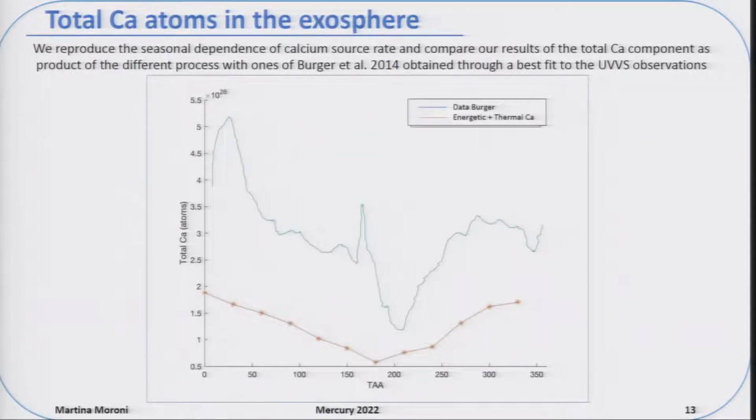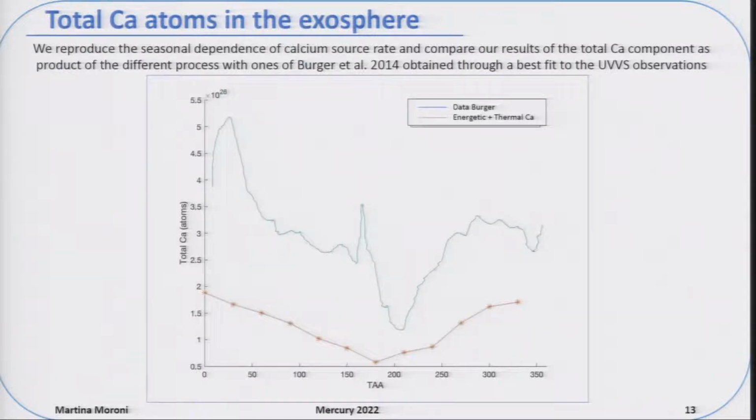This difference could be explained because we assumed that the composition of calcium on the planet's surface is homogeneous. We chose 3.5 percent of the surface, and we don't consider that there are some regions that are denser in calcium. But this is future work.